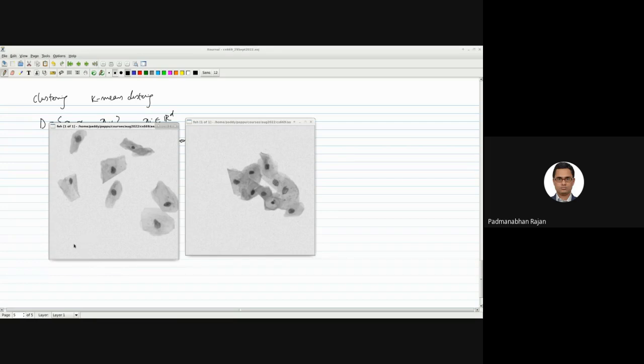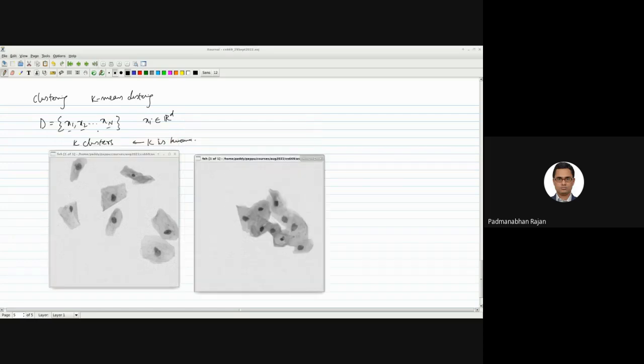You can think of x1 as a vector representing this entire image. It is 512 by 512 dimension, so this can be made into a vector of size 512 squared, which is 2 raised to 18.